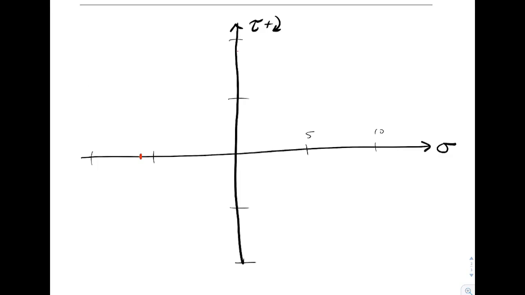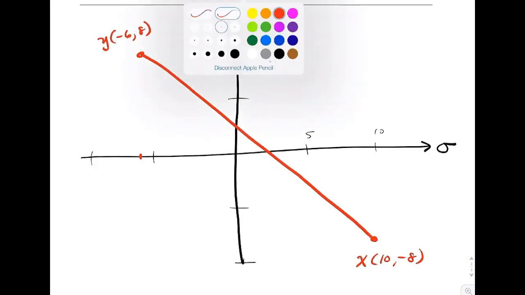All we need to do is plot our 2 initial stress points. So the x was at 10, minus 8. The y point was at minus 6 and 8. So right about there would be y at minus 6, comma 8. So we're just going to connect those 2 points right about there.